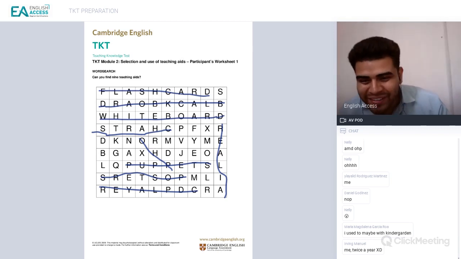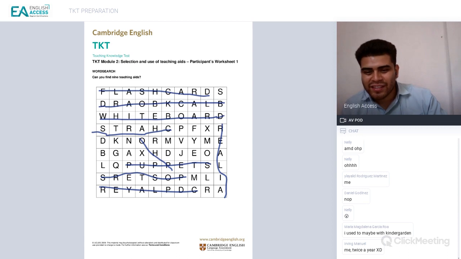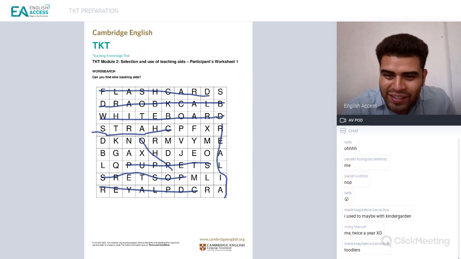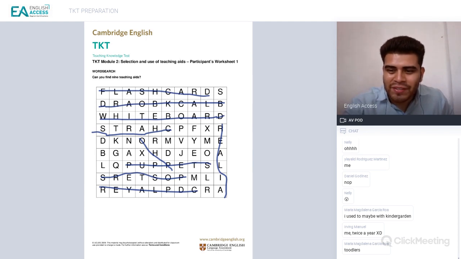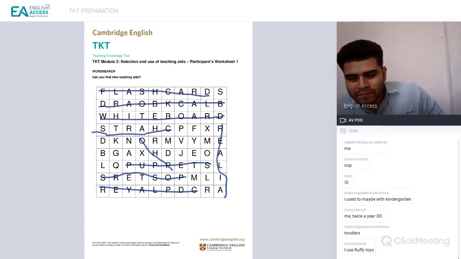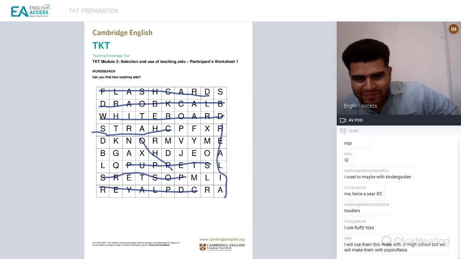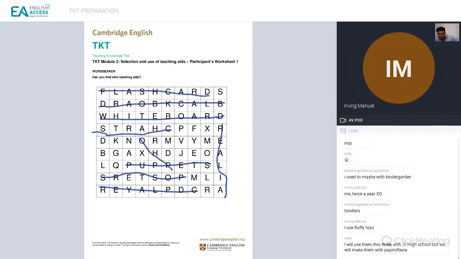You use it with your kindergarten? Irving, you use puppets twice a year? Can you tell us about that experience? I am unlocking your mic, Irving. I use fluffy toys in order to teach grammar in a different way, just twice a year with almost every group. So it doesn't matter if it's high school, junior high school, or university students.